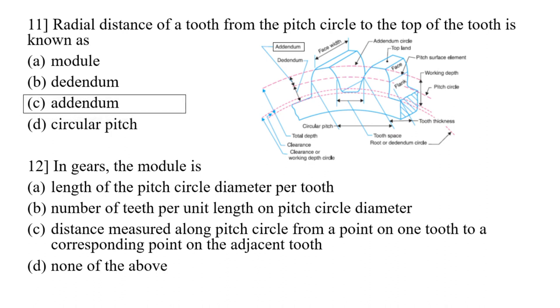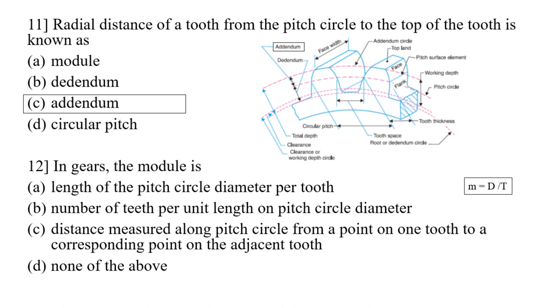In gears, the module is. In gear terminology, we have seen the definition of module also. We know that module is equal to the ratio d by t. That means it is the ratio of the pitch circle diameter to the number of teeth.